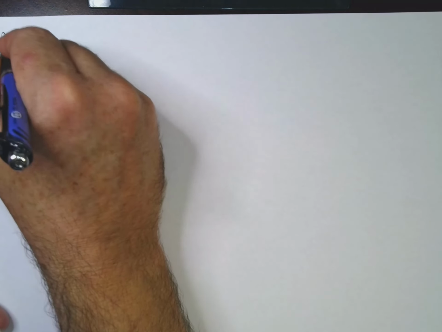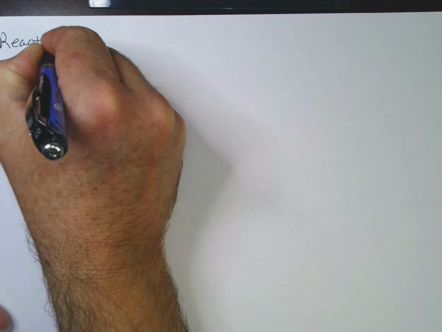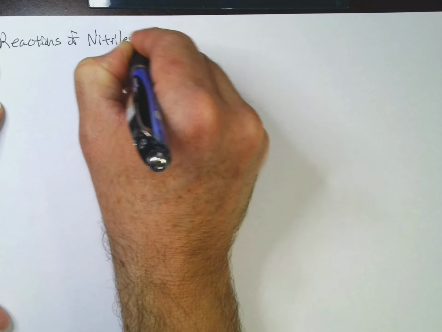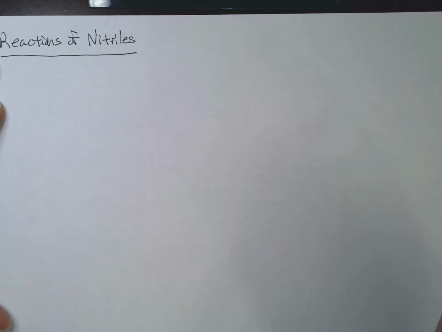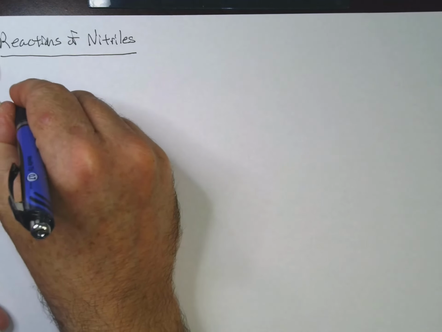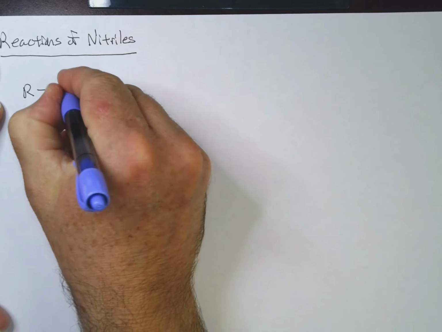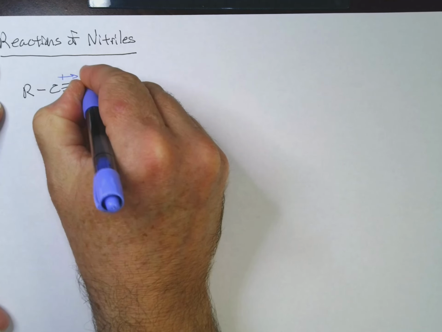All right, let's take a look at some reactions of nitriles. Like before, remember we've got our polar bond here with a delta minus and a delta plus.